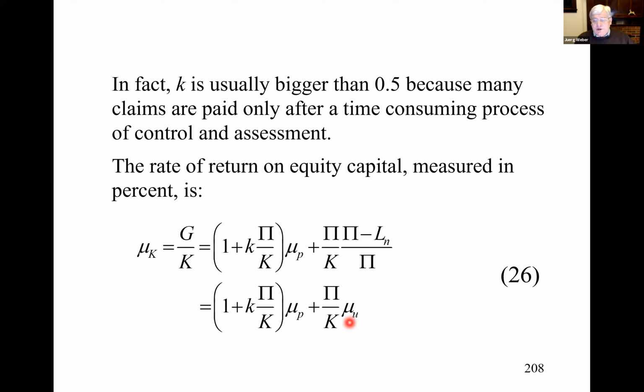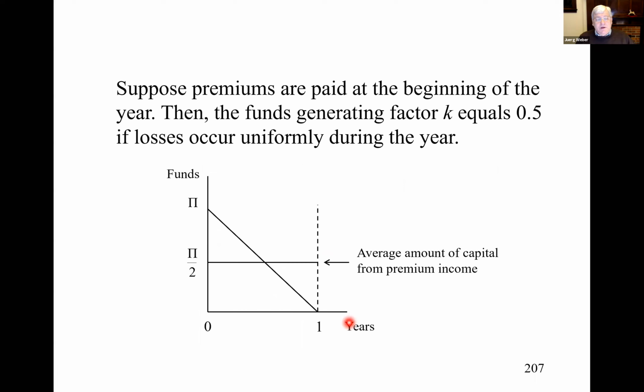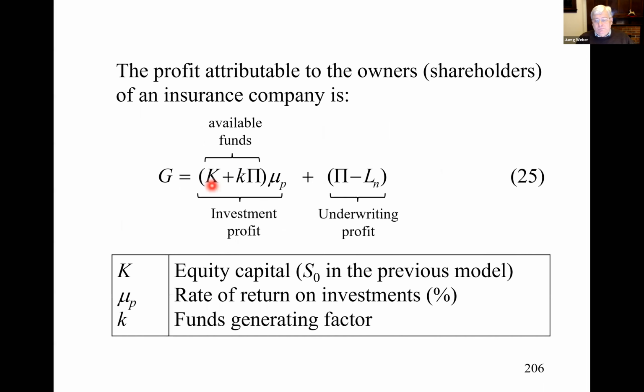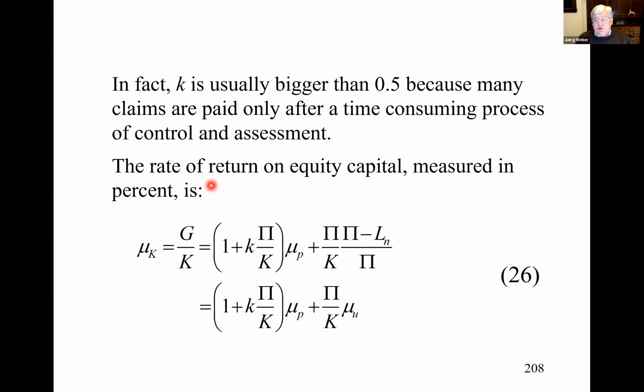So I can use here the symbol mu. Remember, the underwriting return was defined like this: underwriting profit divided by premium income. So underwriting profit divided by premium income gives me the underwriting return.